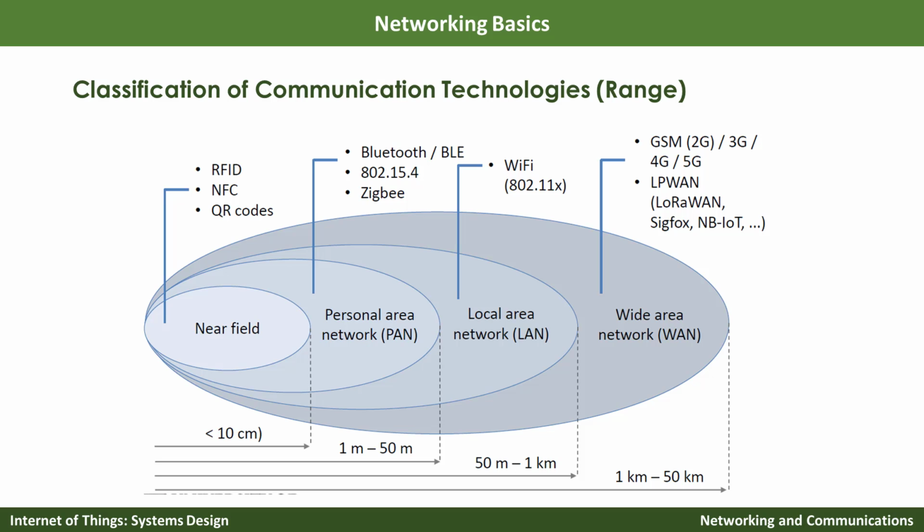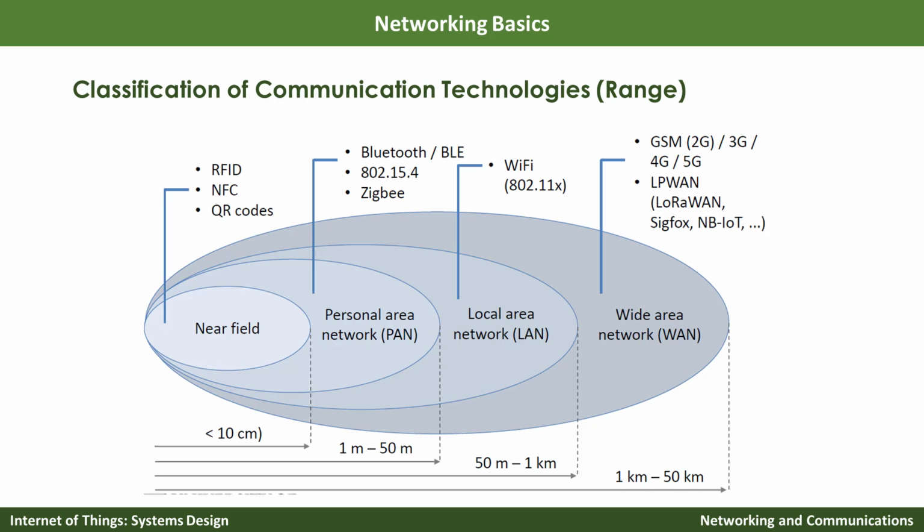So personal area network would be like 1 to 50 meters: Bluetooth, Zigbee, Z-Wave, the 802.15.4 family of protocols. Then the local area network, especially the Wi-Fi ones, Wi-Fi could be from 50 meters to 1 kilometer based on what kind of repeaters we are using.